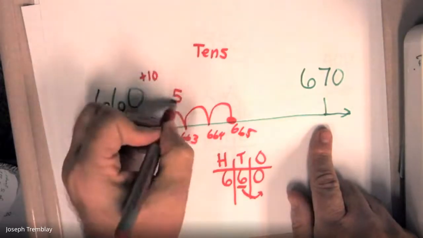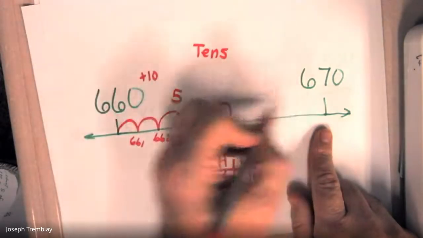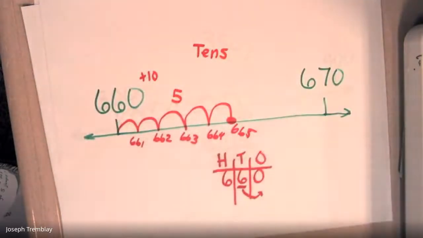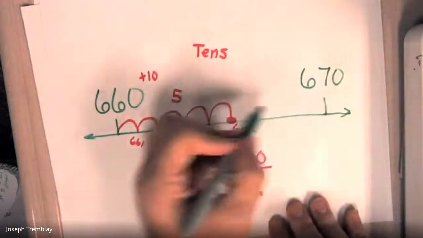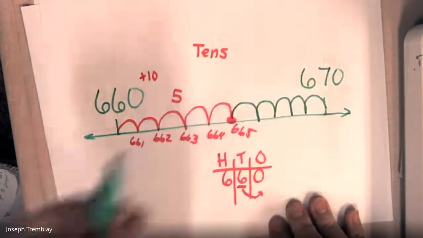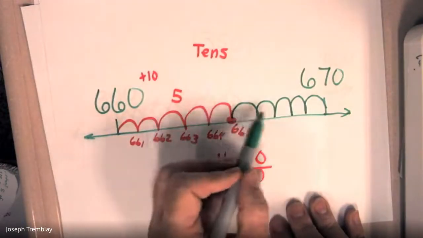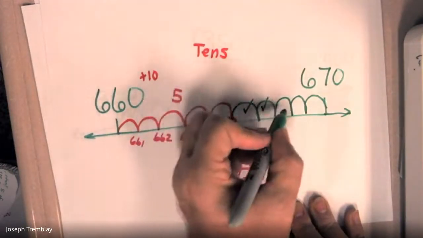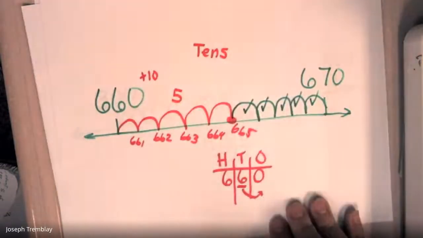I've got 5 jumps over here. And then I would have to have 5 more to finish this. 666, 667, 668, 669, 670. How many jumps did I have? 1, 2, 3, 4, 5. 5 more jumps.